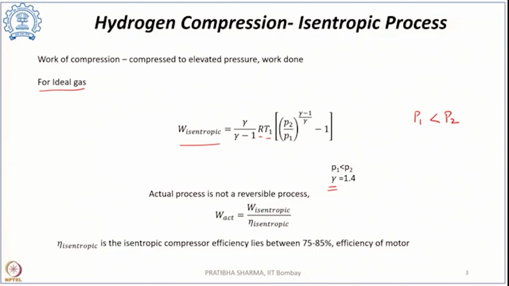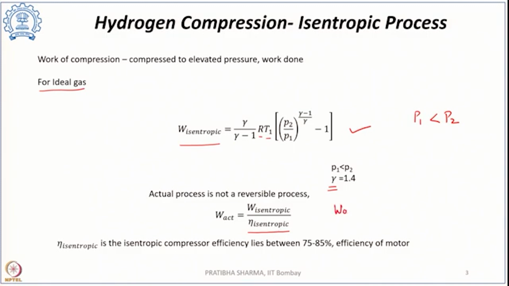Now, this considers an isentropic process which is reversible, but in the actual process it is not reversible; there are several irreversibilities involved. To account for those irreversibilities, we can include the isentropic compressor efficiency in the denominator.